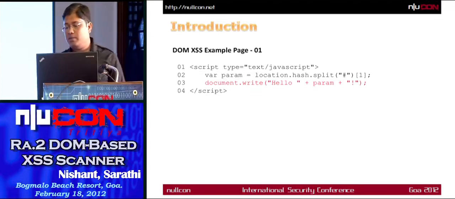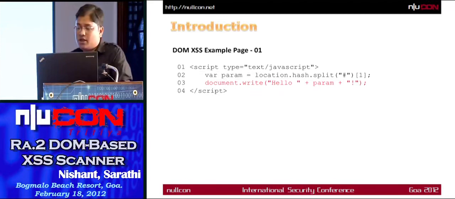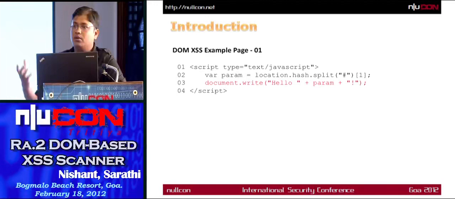And you see there's a variable here called parameter, short param. What we are doing is splitting the URL and taking the first element after the hash, and then just writing it out. So, a pretty typical example like this. We can inject a script tag and execute JavaScript.